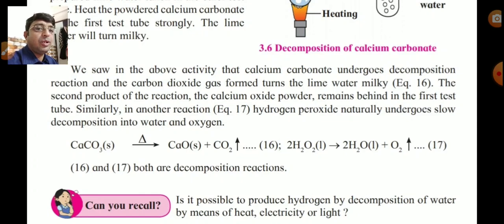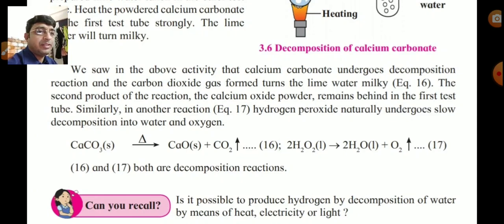The second product of the reaction, the calcium oxide powder, remains behind in the first test tube. See the reaction. CaCO3, solid in state, calcium carbonate, that is limestone. The triangle means heating, then it forms CaO, calcium oxide, solid in state, plus CO2 with an upward arrow, meaning carbon dioxide gas is formed.